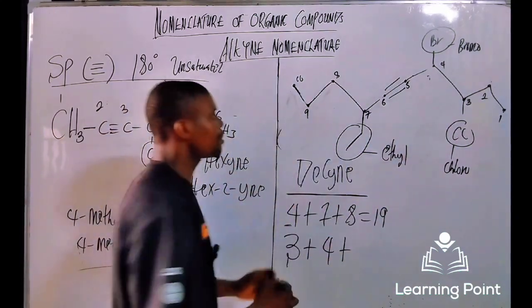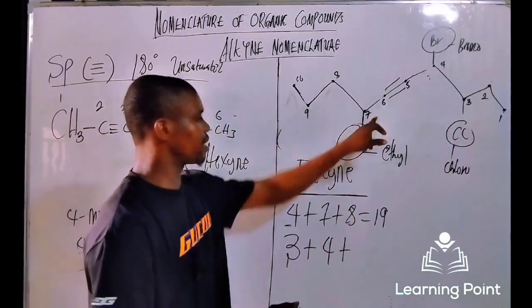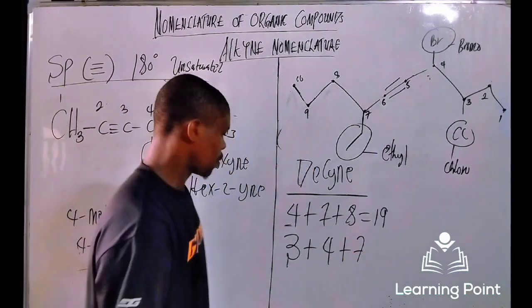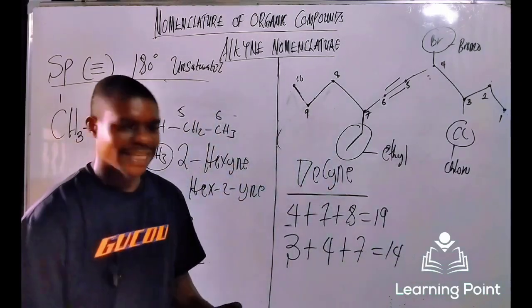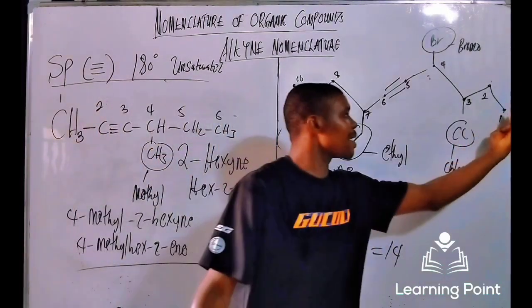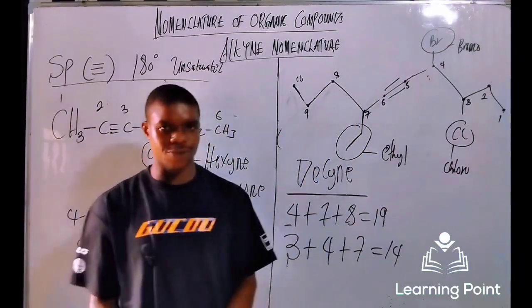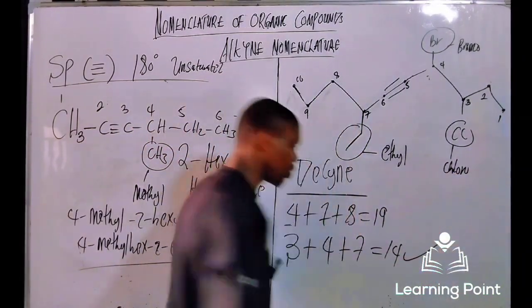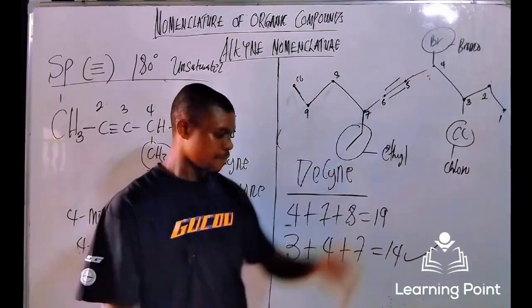Plus 7, I have the ethyl at 7. If you sum that together, you get 14. So when I start my numbering from here, it gave me 14, but from the other side it gave me 19. Which is the correct one? 14 is the correct one, because it gave me the lowest possible number.